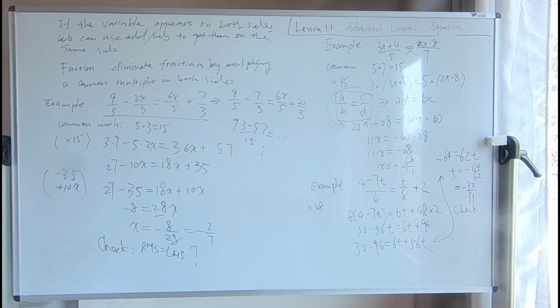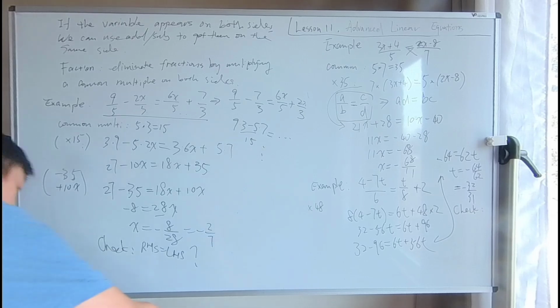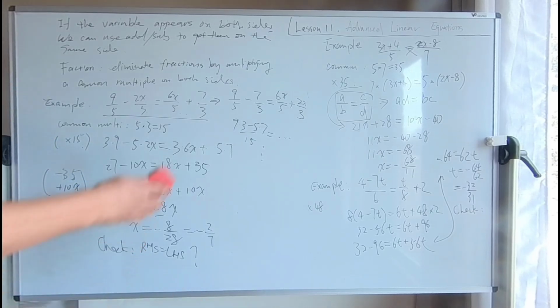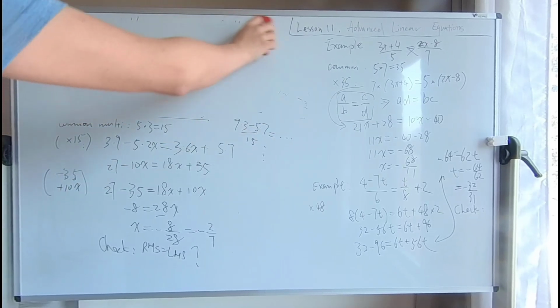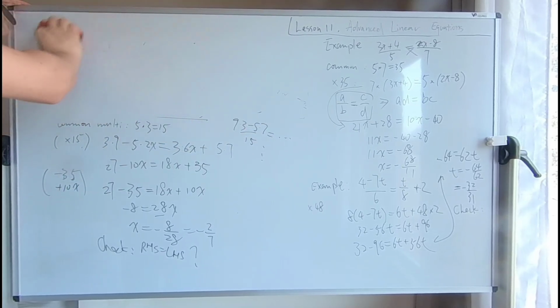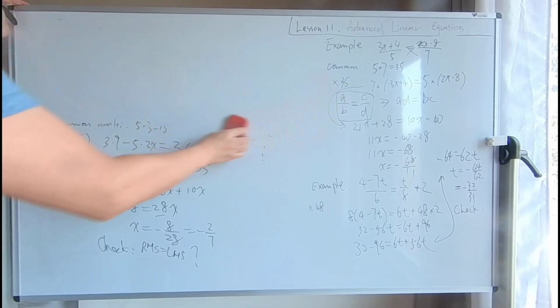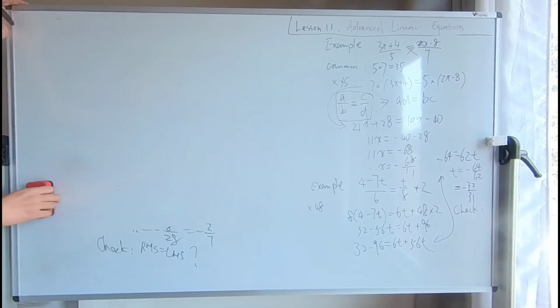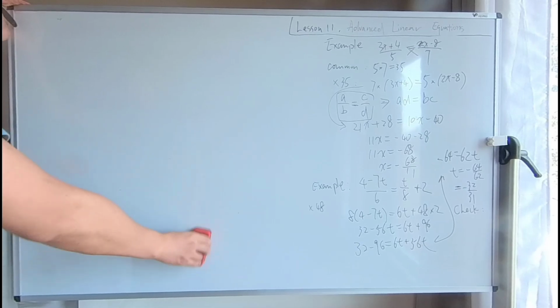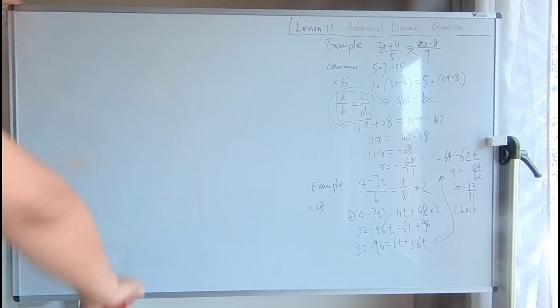Okay, we've been seeing several examples so far. We can always use those techniques that we learned to solve for the unknown variable from one equation. But is it true that every equation has a solution?